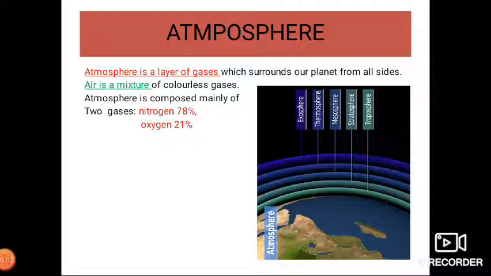The atmosphere is composed mainly of two gases, that is nitrogen 78% and oxygen 21%, and the remaining 1% is carbon dioxide and other gases. That is why we said earlier that air is a mixture of colorless gases.